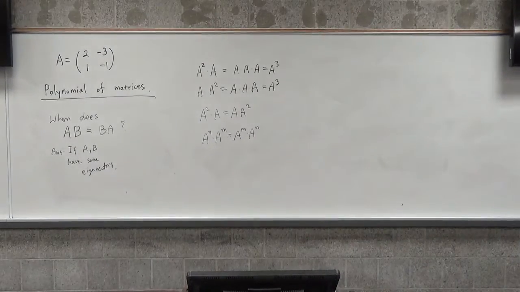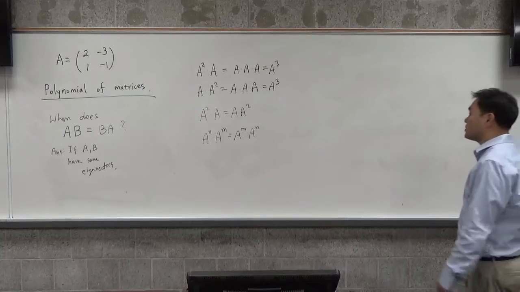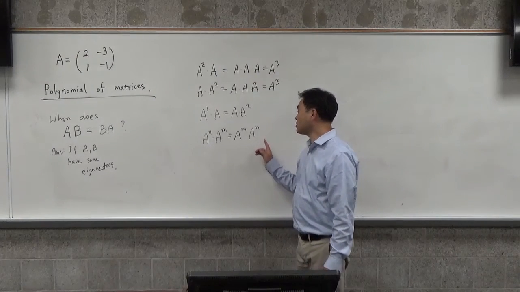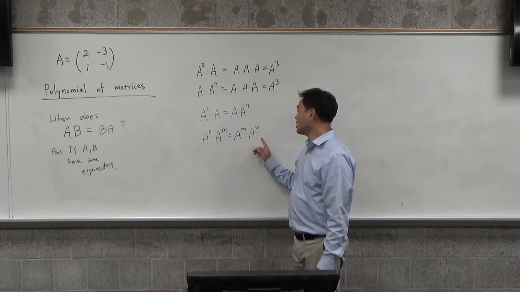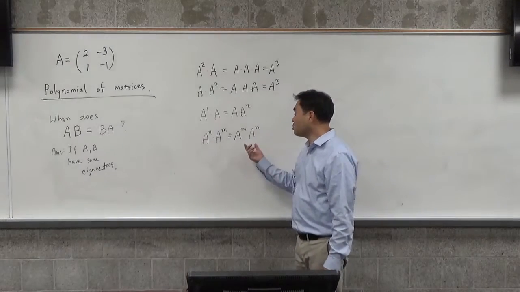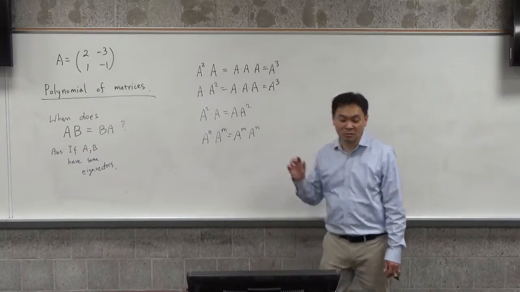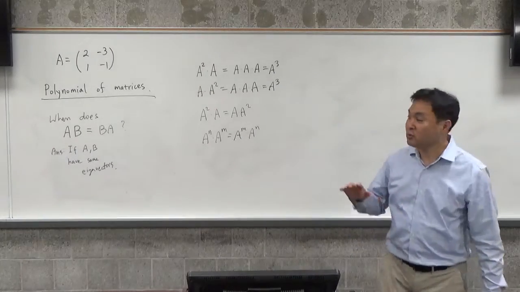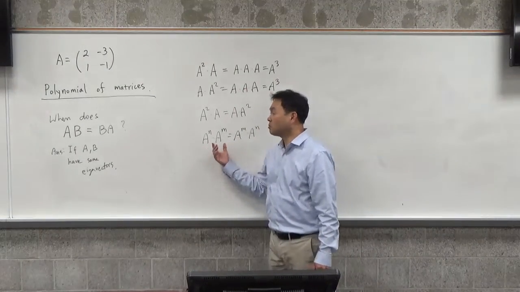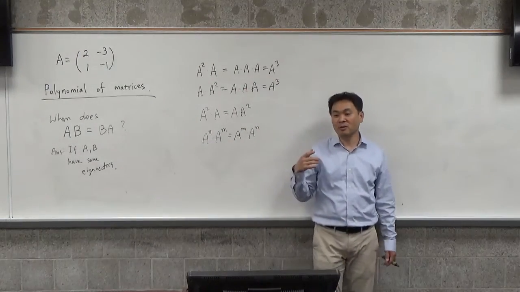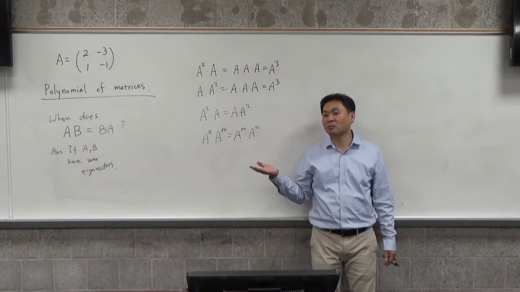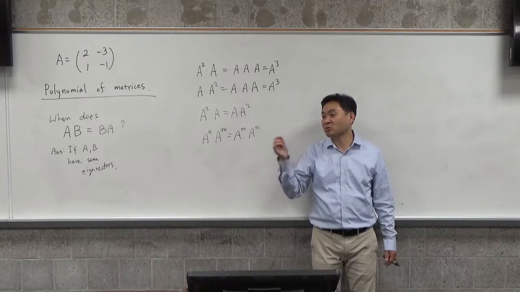What that means is that if you limit yourself to just the exponents of a single matrix, then you don't have to worry about commutativity. Now, if you wrote down all the properties of matrix multiplication, they satisfy almost everything that regular real numbers satisfy.